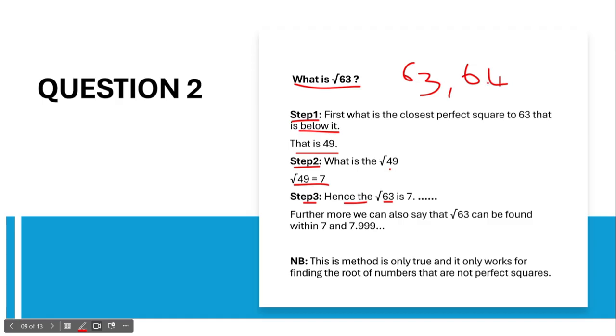Since the difference between 64 and 63 is 1, meaning 63 is just one step behind 64, the root of 63 is therefore 7.9 something something something. Why? Because as I said before, the range is 7 to 7.9.